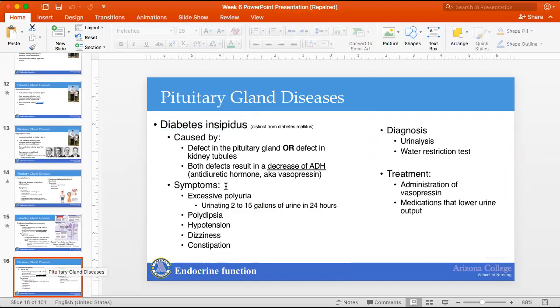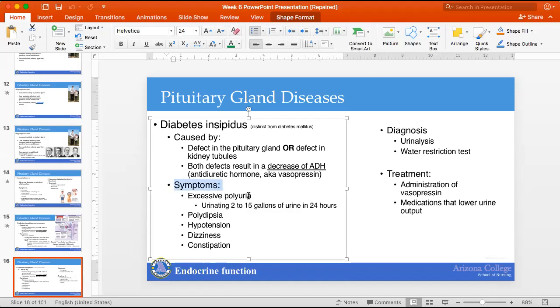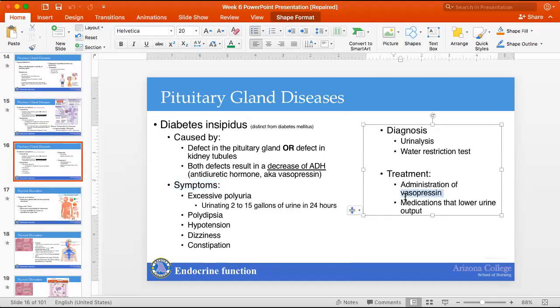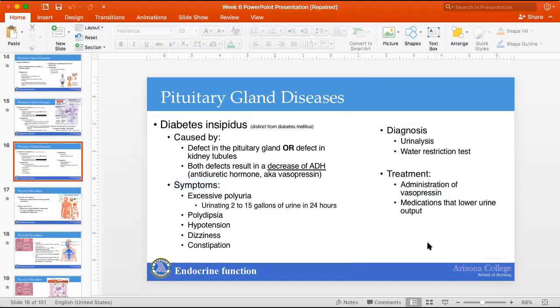Some of these symptoms you'll see, along with the excessive polyuria, are polydipsia, hypotension, dizziness, and constipation. Diagnosis is by urinalysis, so you look at the content of the urine, and also a water restriction test. Treatment would be administration of vasopressin, which you could do medicinally, and then medications that lower urine output.